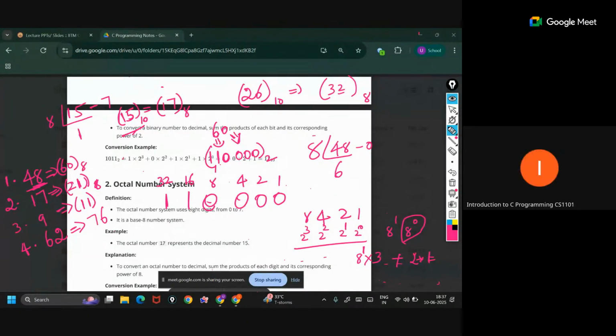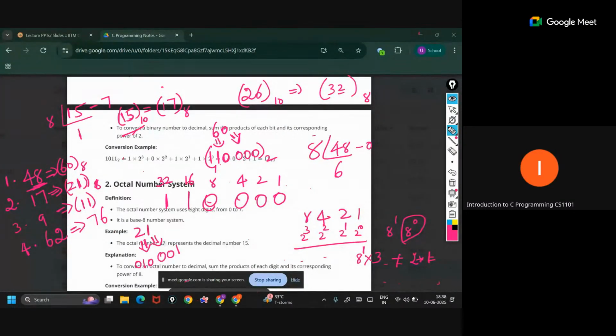Is it clear? Yes, ma'am. Similarly, if it is 21, how to use the 3-bit for it? For 2, how to represent? 0, 1, 0. And for 1 it is 0, 0, 1.